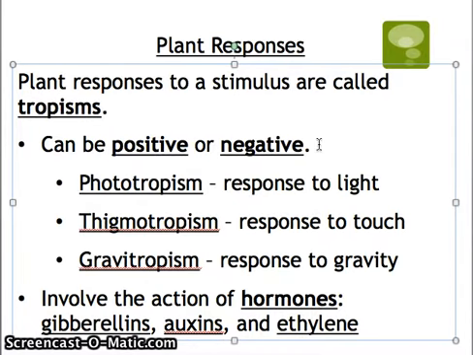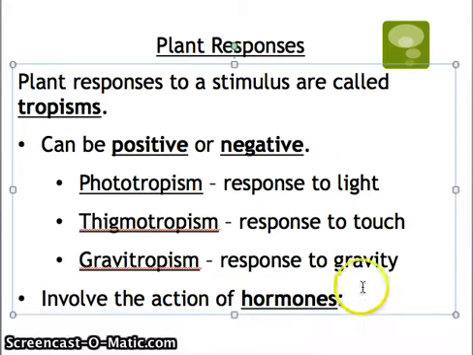There's 3 that we're going to talk about. Now, really, plants do this because of hormones. Okay? So it's a plant response to a stimulus. It's positive or negative, and it's because of hormones. You're teenagers. You should know all about them.